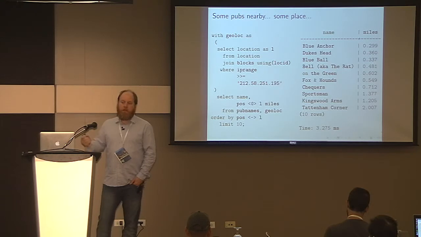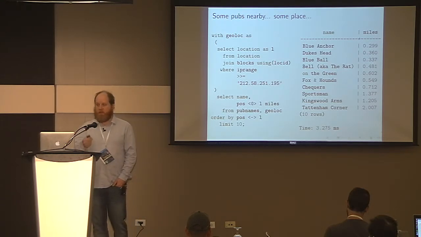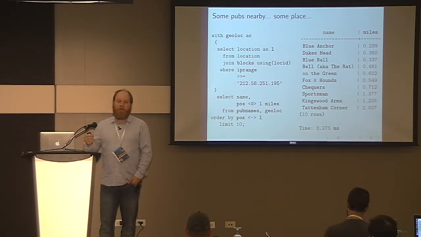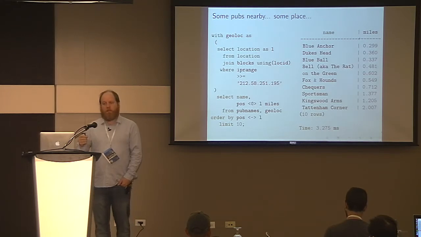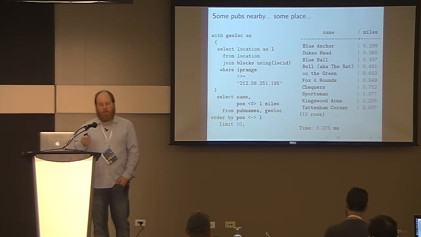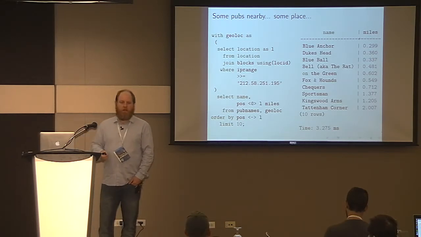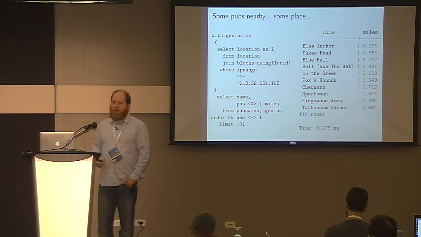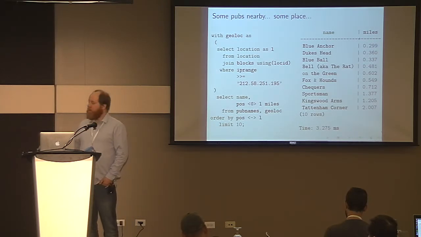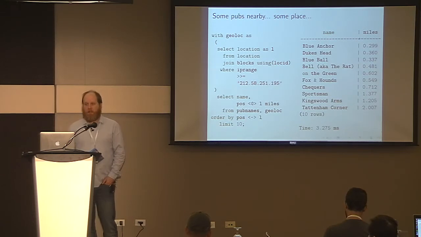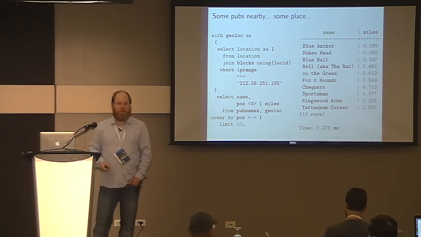So either you're given the geolocation and you can use it directly, or maybe you're only given the IP address, and so you need to first do a geolocation query and then use the result of the geolocation query to actually find the pubs around the place. Well, it's a single SQL query, and it's not that complex. It fits in the slide, so it's easy to embed in your application code.